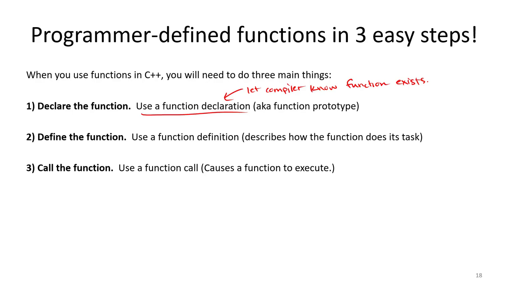And the other thing the declaration does is it also gives a compiler a heads up that it should link that function's name to a definition later in our program. Some textbooks call the function declaration the function prototype. So if you see the word prototype, that is the same thing as a function declaration.